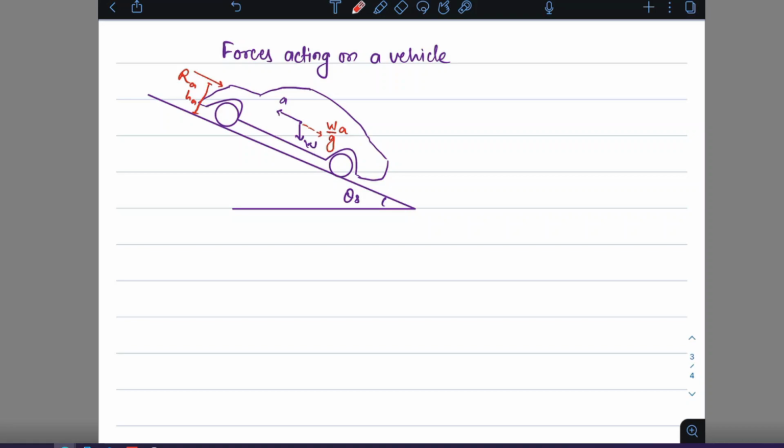That is because of the aerodynamic drag. If you are pulling something else, then you have a resistance due to drawbar pull, which is at height HT. Then you have the forward driving force, and you have rolling resistance force on both the wheels.